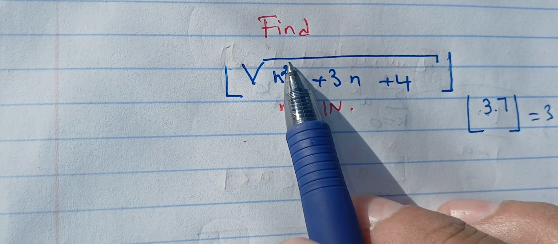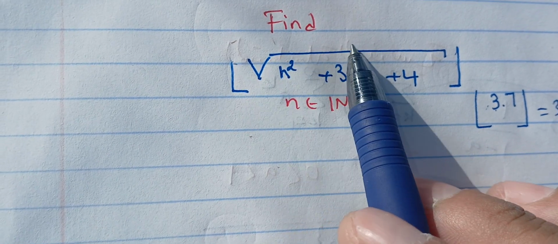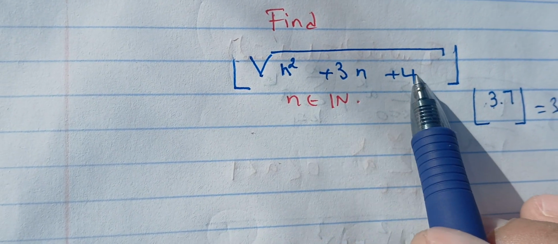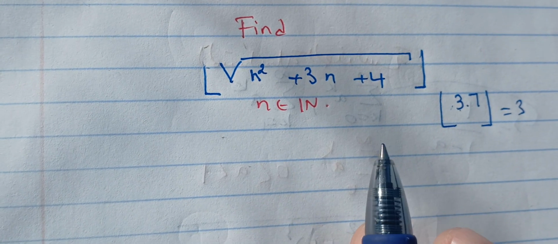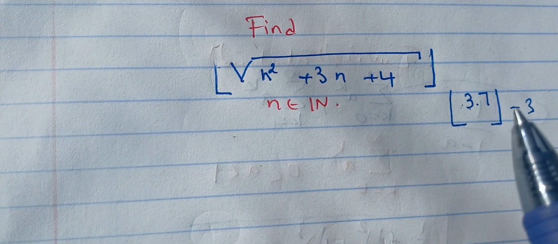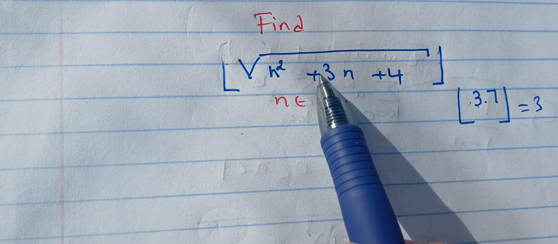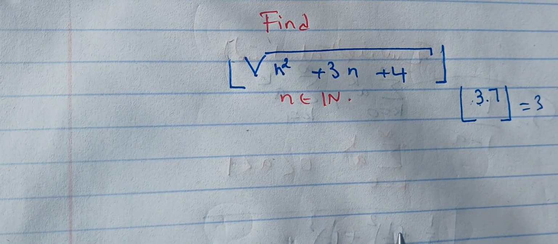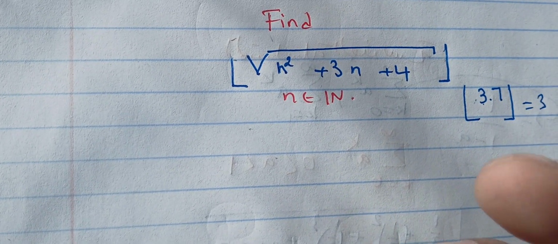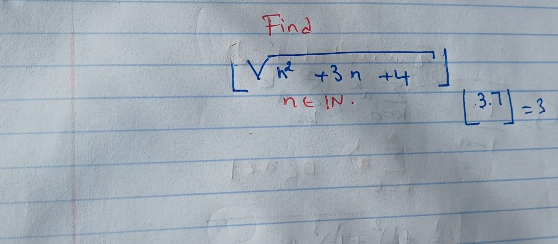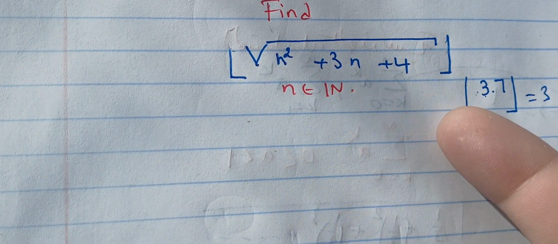We're going to find the floor function for the square root of n squared plus 3n plus 4. How can we do that? To start, I think an idea is that we can find an approximation of n squared plus 3n plus 4, and we see what's the integer that's close to but less than the square root of this number.